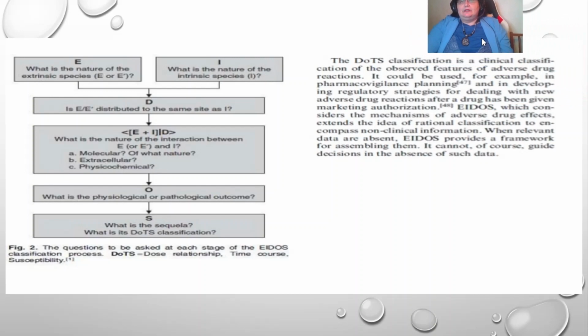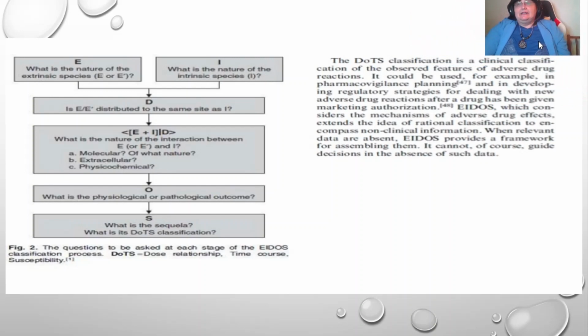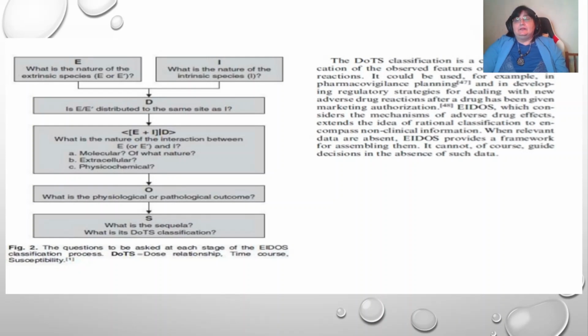To summarize, the DOTS classification is a clinical classification based on observed features of adverse drug reactions. It could be used, for example, in pharmacovigilance planning and developing regulatory strategies for dealing with new adverse drug reactions after a drug has begun marketing authorization.